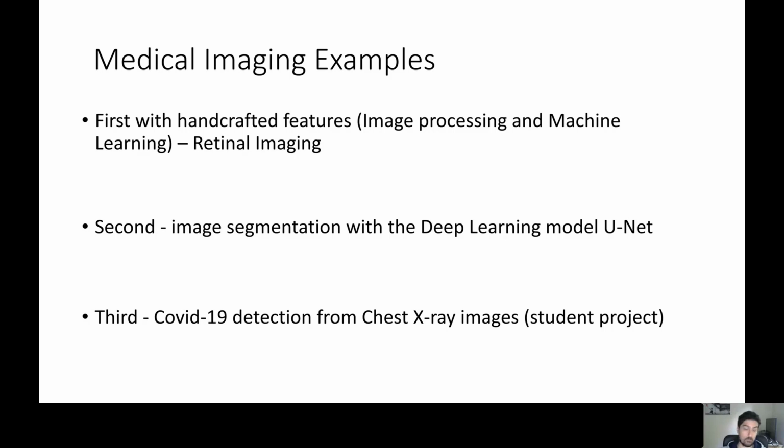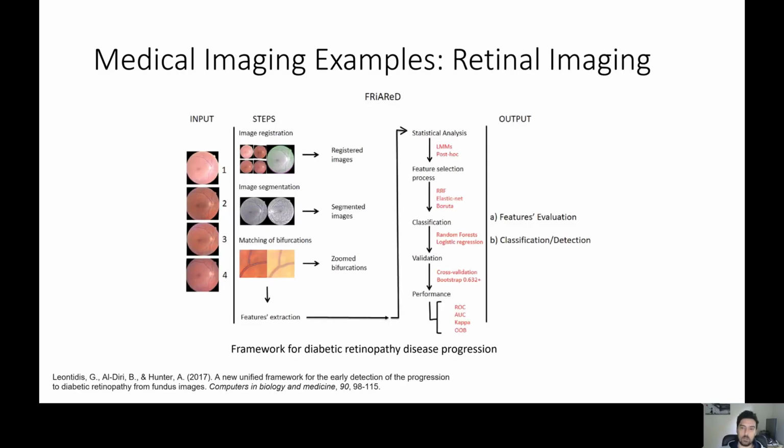Then I have an example which is not from my research, but is a very popular network used in medical image segmentation, called UNET. And then as a third one, which is maybe more popular nowadays, I can talk about a project that we did with an MSc in AI student for detecting COVID-19 from chest X-ray images. So that is the first example.